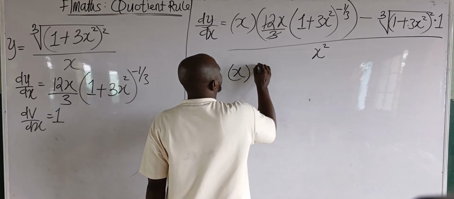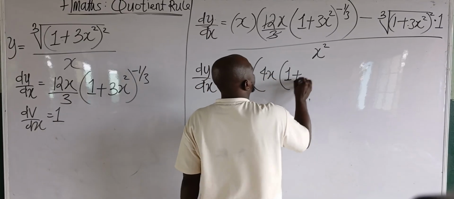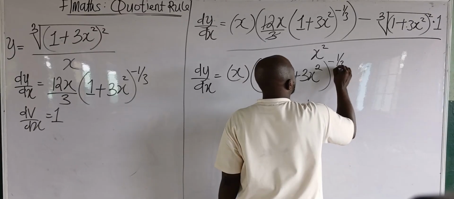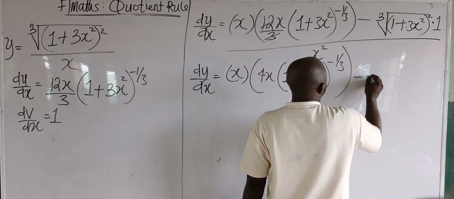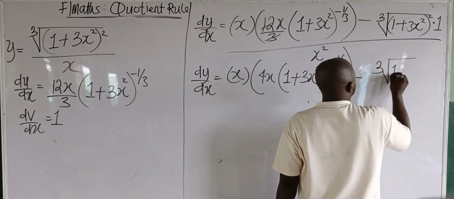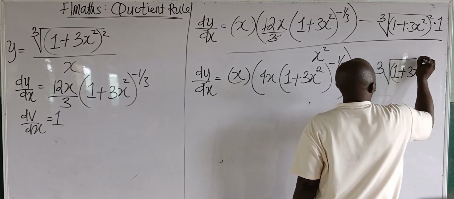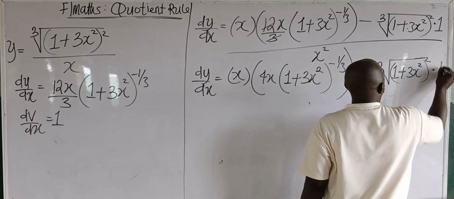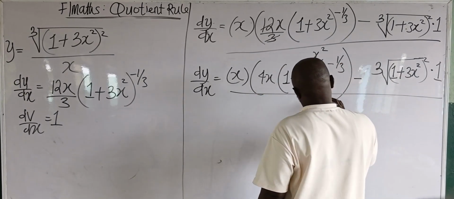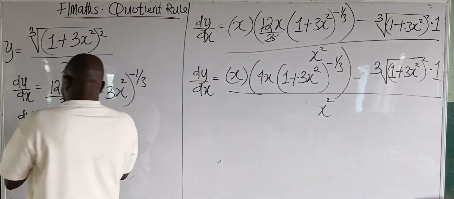And then I will have into bracket 4x here into bracket (1 plus 3x raised to the power of 2) here, raised to the power of 1 over 3 here, then minus, here I'm having 3 into bracket (1 plus 3x squared), all raised to the power of 2 here, then 1 here. So I'm having this, then all over x squared here. This is what I'm having.